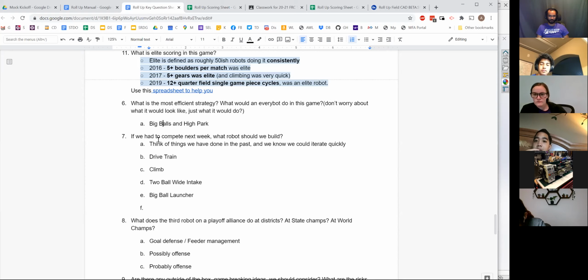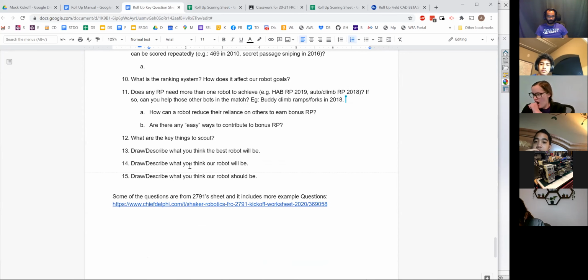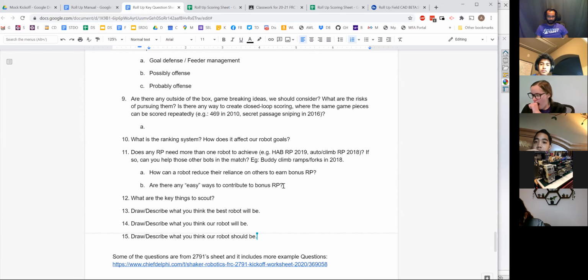So we're assuming more people, especially if we went through the actual real season and you had an everybot published and all these Reca 3Ds published, you'd probably get more people doing big balls. But there is a place where small balls could make sense. You'll get some teams who only do small balls because there's always teams that go counter, right? There were teams in 2017 that only shot and didn't do gears. That was incorrect, but there were teams who did it.